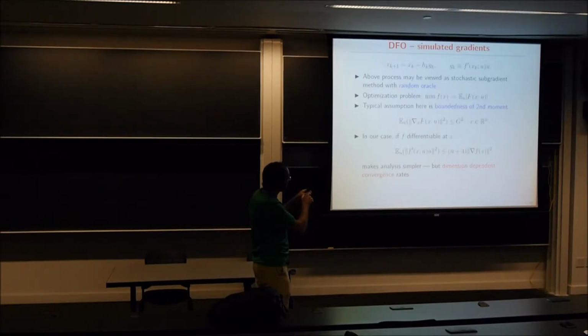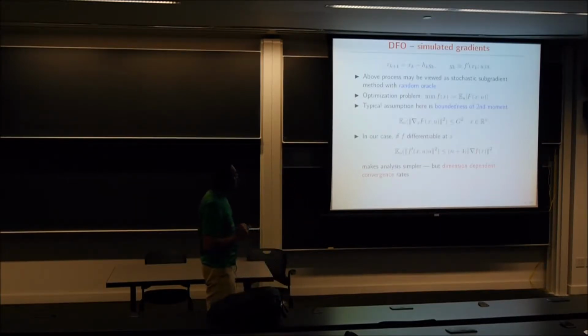this is a non-trivial theorem actually. I'm not going to prove it today. But this indicates that in the absence of access to an oracle that generates honest gradients for you, if you're generating them essentially by simulation, essentially an order n times extra dependence on the dimension comes up.